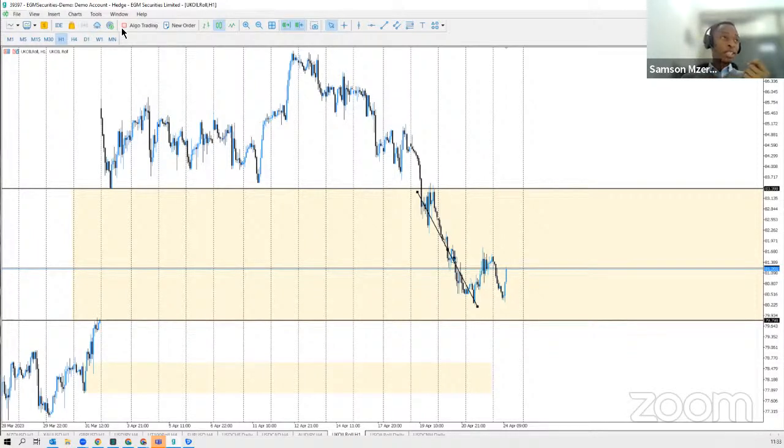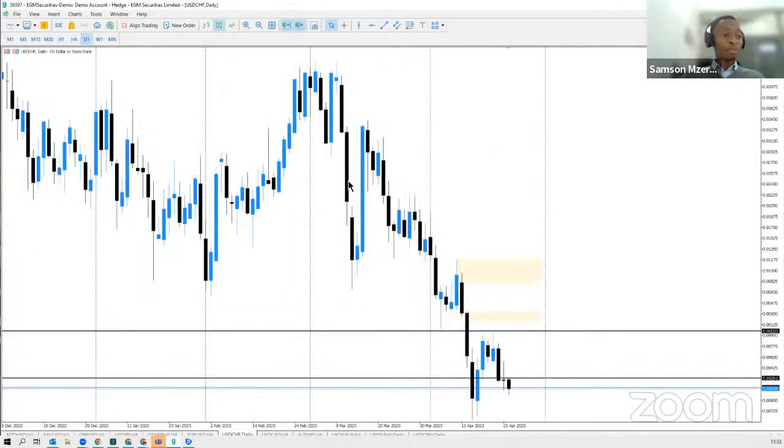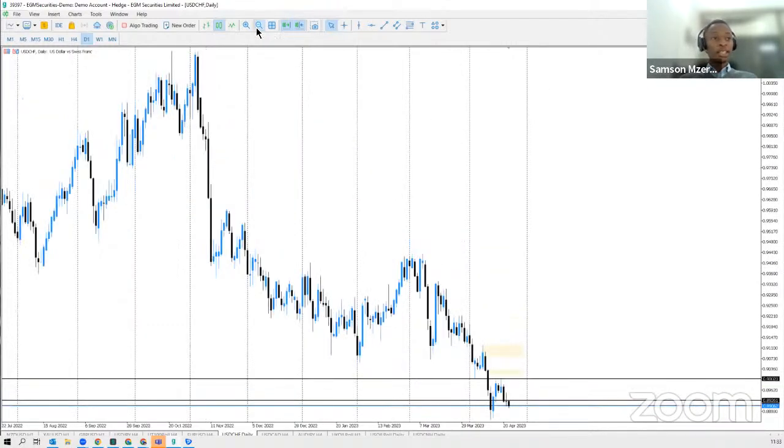For example, right now, for Swiss franc, if you can explain why we're in a downtrend, then you're able to be at a higher probability to anticipate when this downtrend is going to end. Example, in this case, we know that the Swiss National Bank is very adamant on hiking more. That's why we have this downtrend. And most of the central banks at the moment are looking to pause hikes.